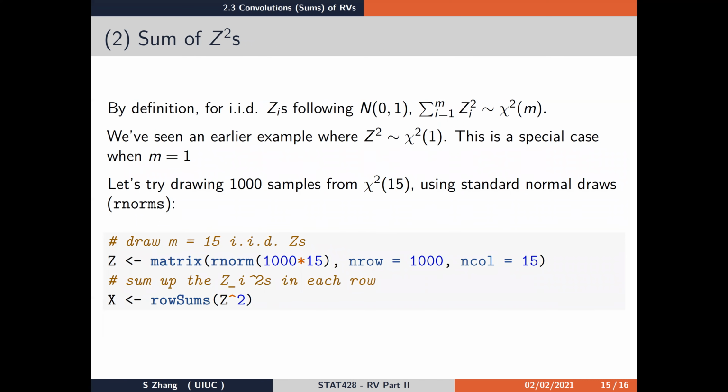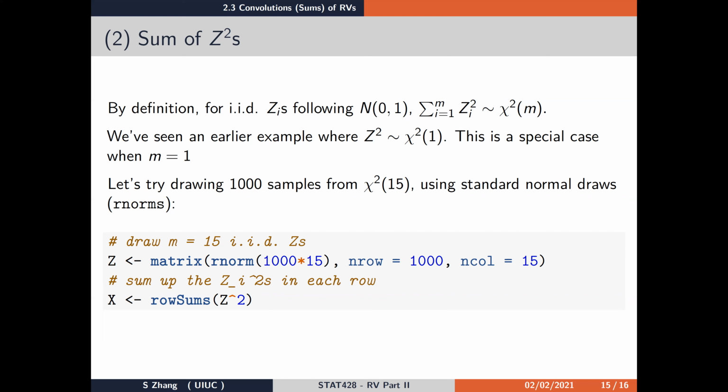Okay, so let's now look at a second example. This time we don't have to look at the MGF, and we just consider the sum of the z squares. So by definition, for IID zi's, which follow the standard normal distribution, the sum from 1 to m of zi squared is going to follow the chi-square distribution with m degrees of freedom.